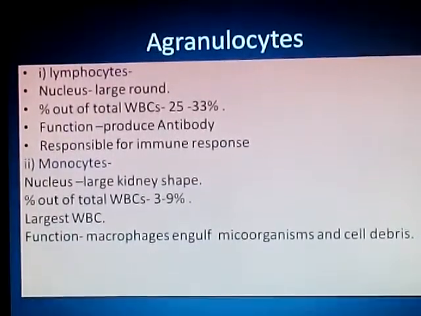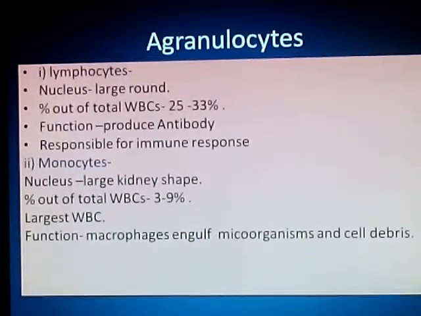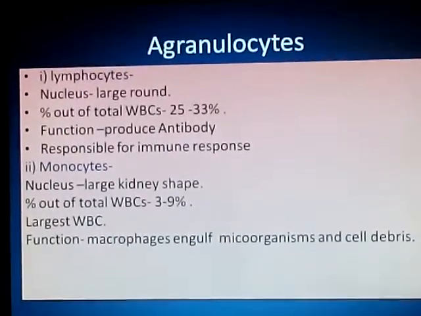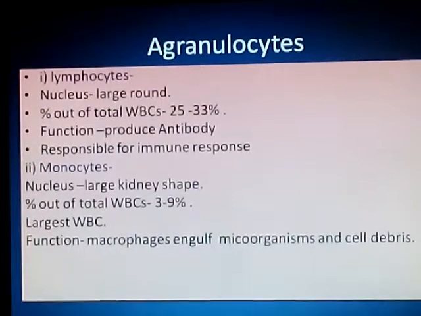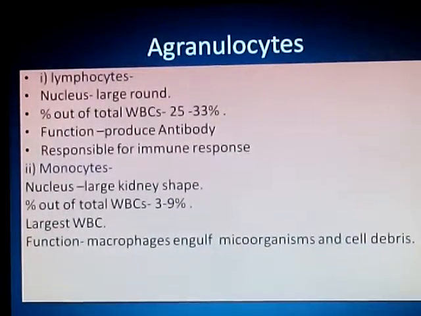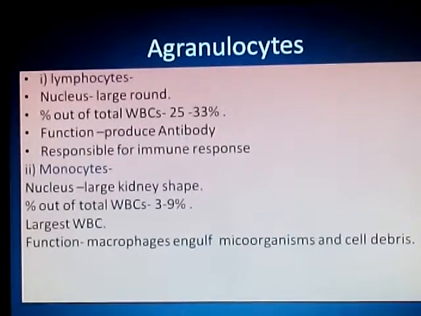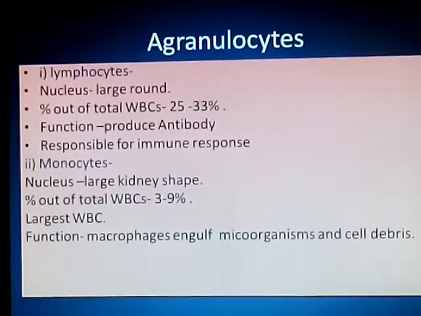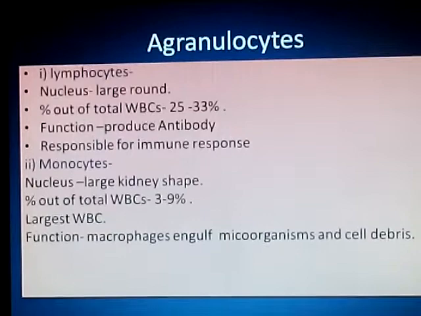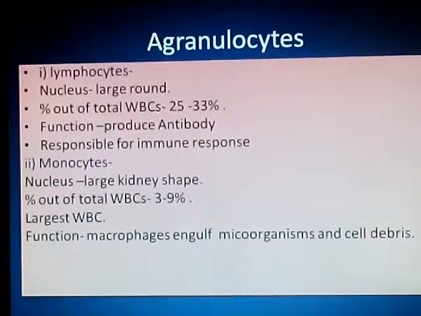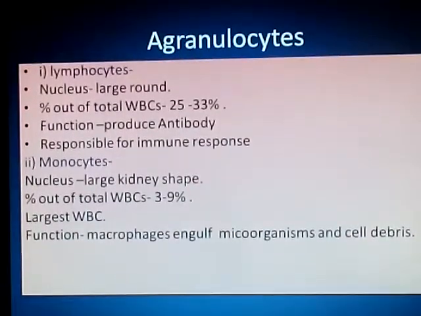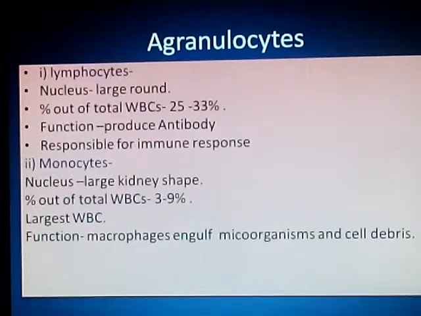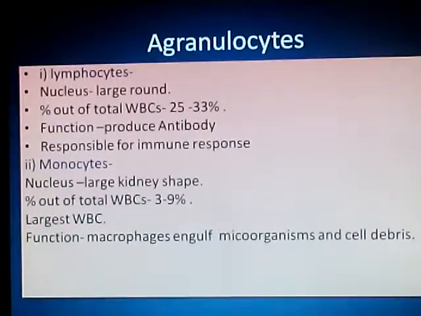So mind it, whenever there is a higher infection at that site, the number of monocytes increases and they become larger in size. So they are called macrophages. Macro means large. Phages, phagocytosis. So macrophages, meaning large cells, are helpful to engulf the microorganism or cell debris at the site of a wound.